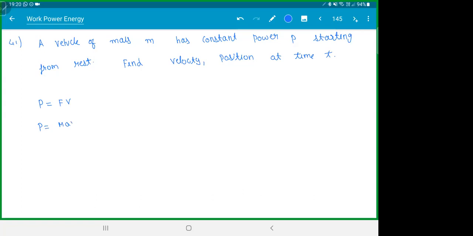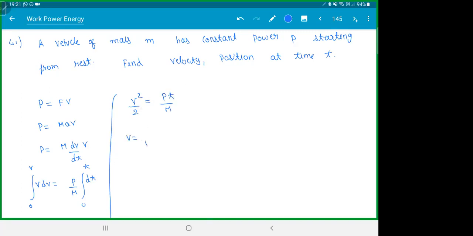Force is mass into acceleration, which you can write as dv by dt. So v dv is equal to P by m into dt. Integrate 0 to v. If there is an initial velocity you'll write u to v. So this will give you v square by 2 is equal to Pt by m. This is your velocity, root of 2Pt by m.